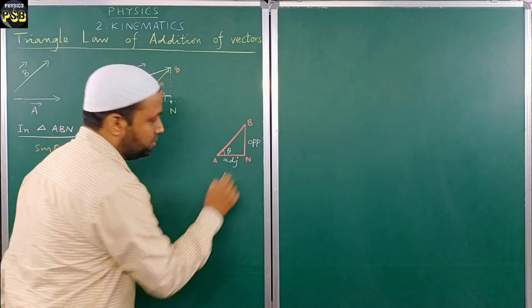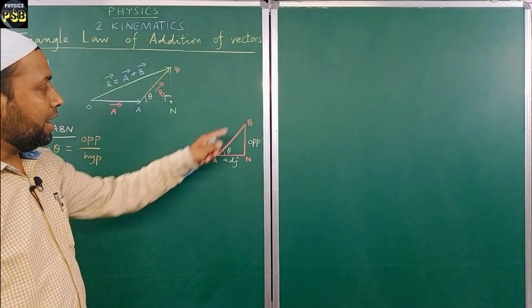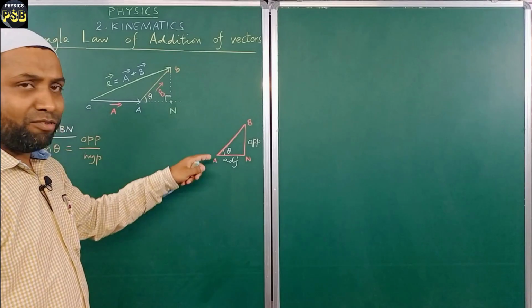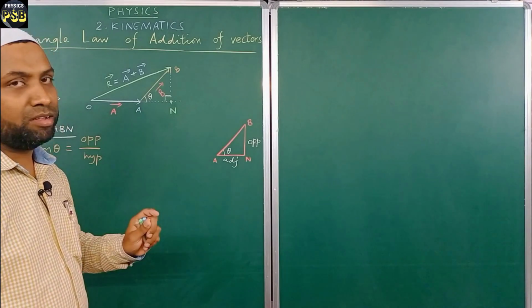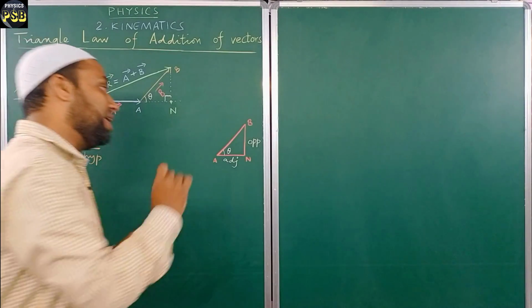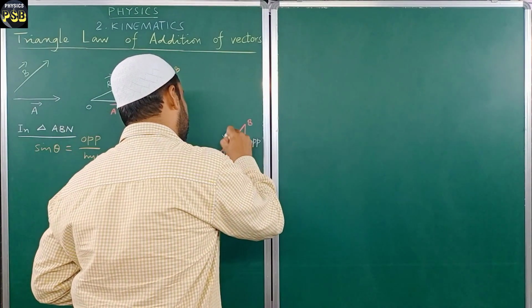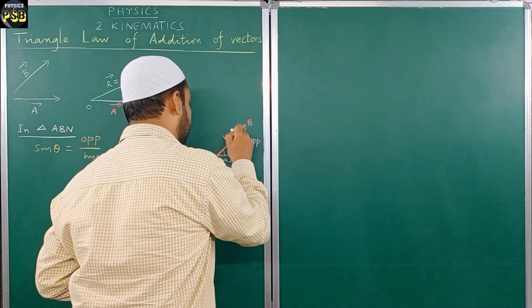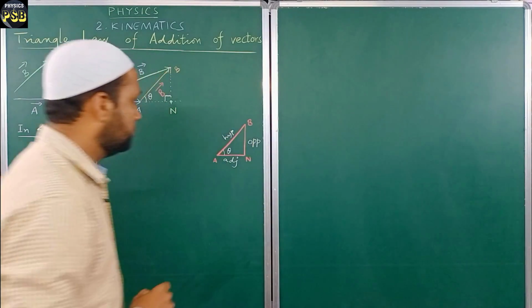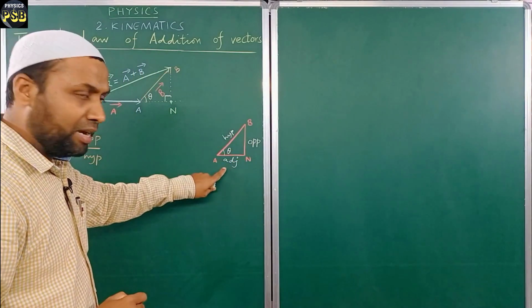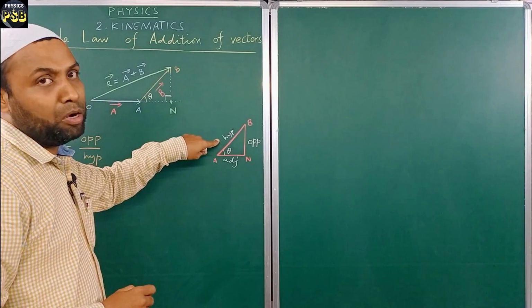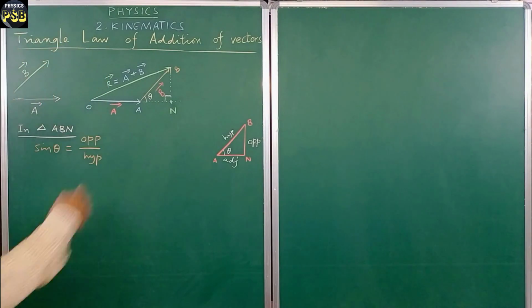And the side which is left is named the hypotenuse. So this side is the opposite side, this is the adjacent side, and this side is called the hypotenuse of the triangle.